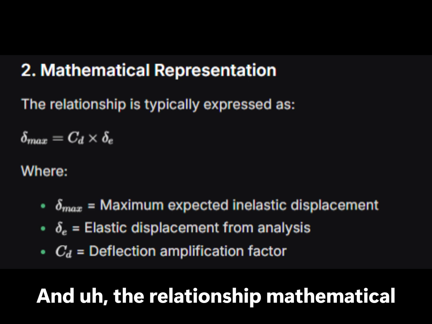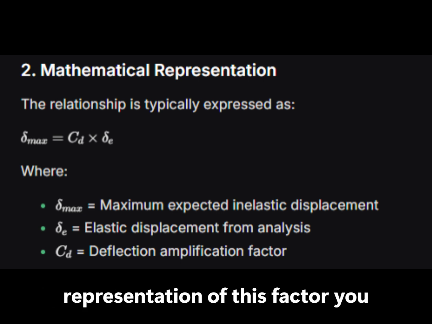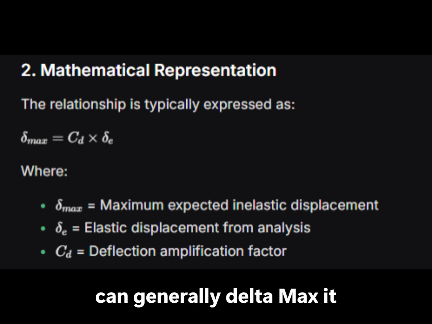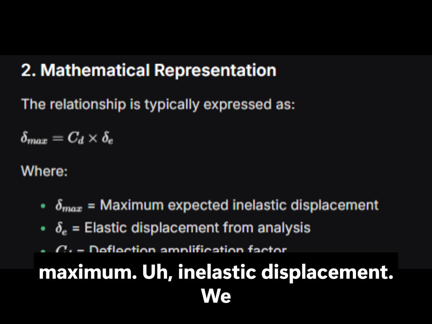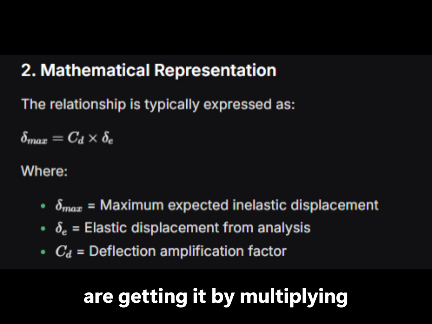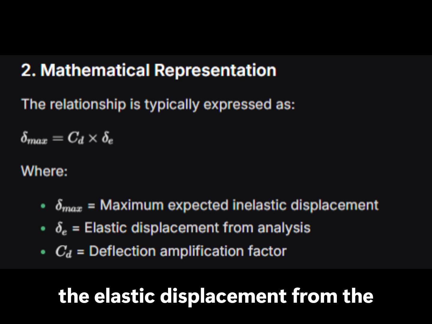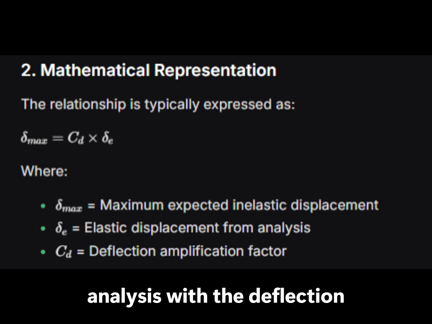The mathematical representation of this factor is generally delta max equals CD times delta E. Here we get the maximum inelastic displacement by multiplying the elastic displacement from the analysis with the deflection amplification factor.